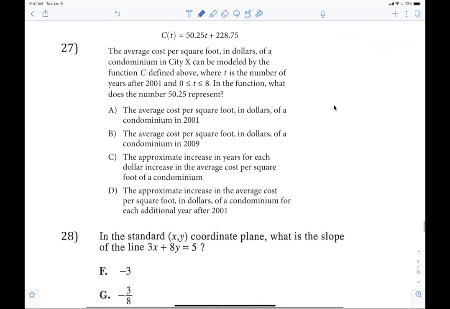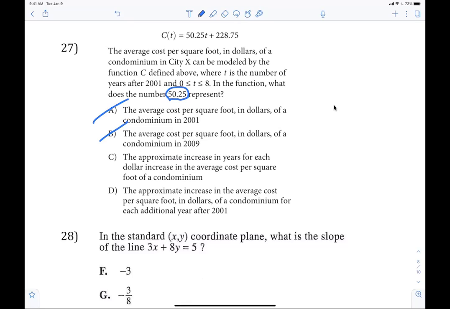All right, another really important one, 50.25. Now, come on, think this through. 50.25 is talking about the what? Talking about the slope. So we must be talking about something that is increasing. So it's not A or B. So what is increasing?